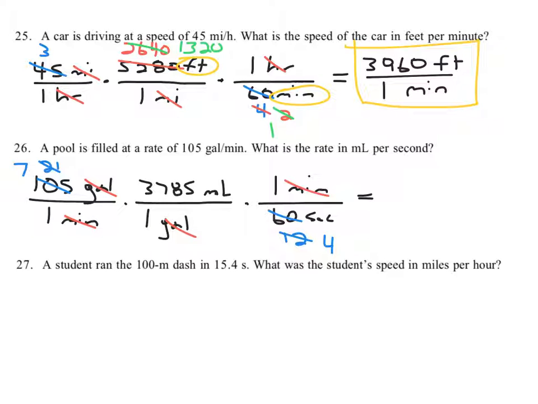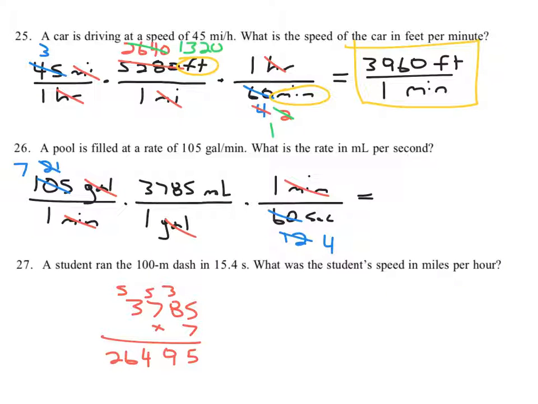I'm going to use the space down below and say, what is 3,785 times 7? 7 times 5 is 35, 7 times 8 is 56, 59, carry the 5. 7 times 7 is 49, 54, carry the 5. 7 times 3 is 21, 26.